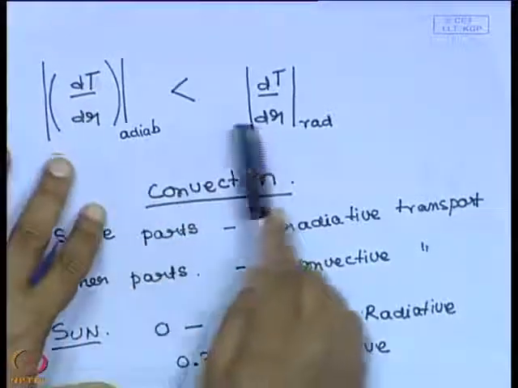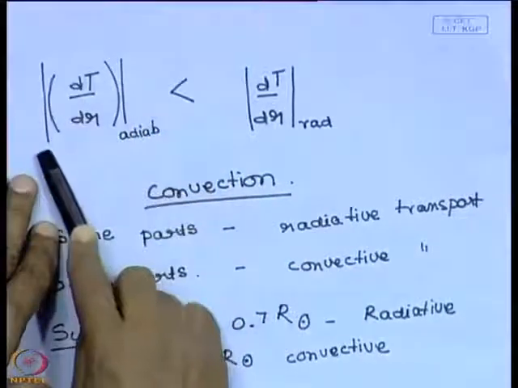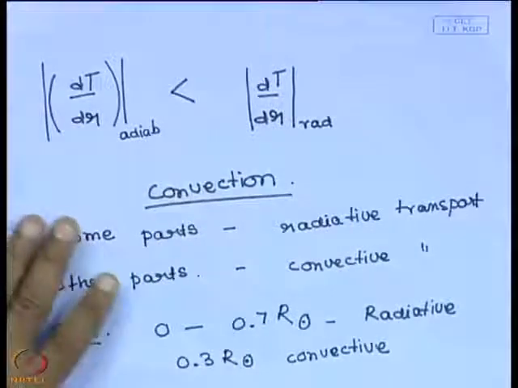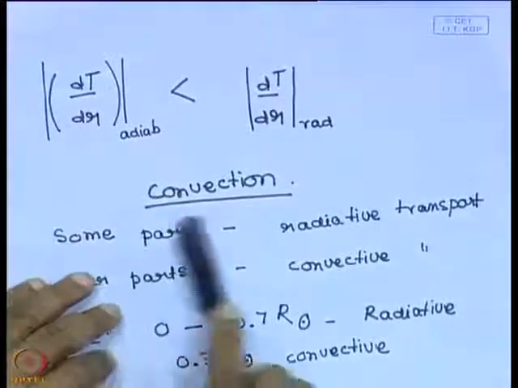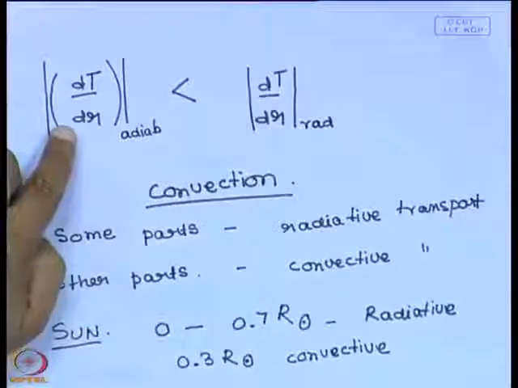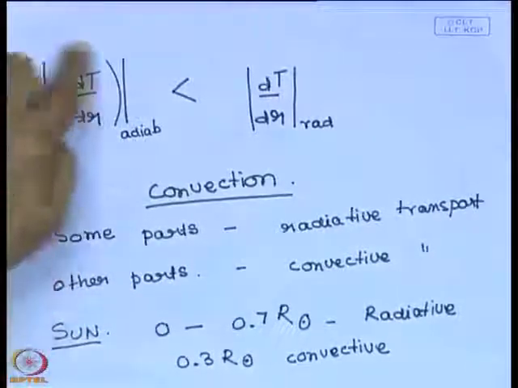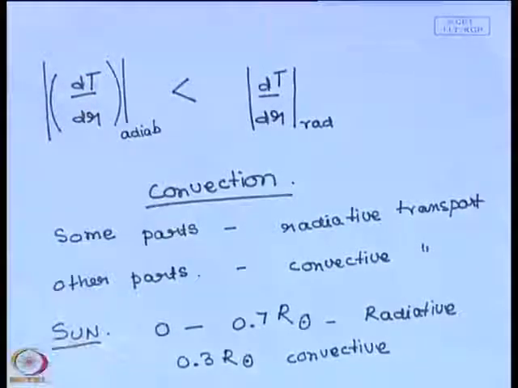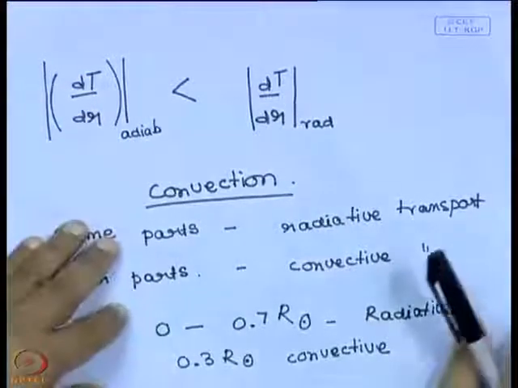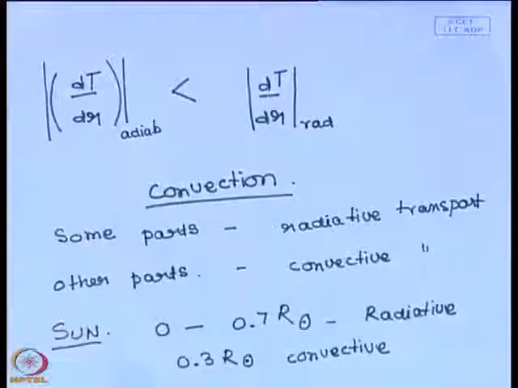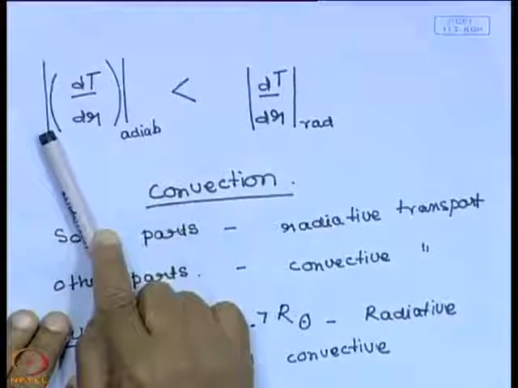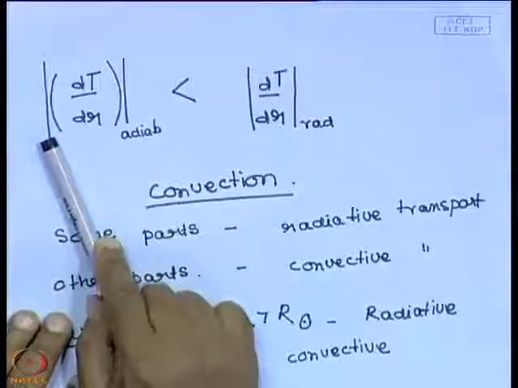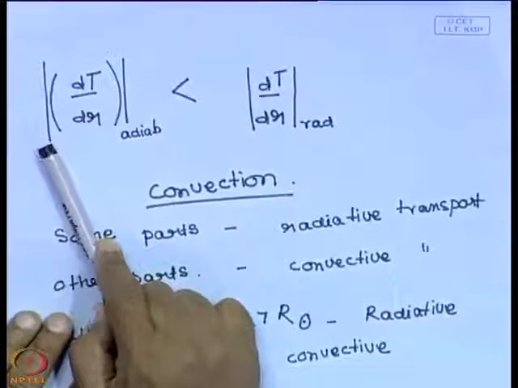So, you have this value in most of the region where convective energy transport is occurring. Energy gets transported at a rate which maintains the adiabatic temperature gradient. Though in the outer parts of the sun you do have regions where the temperature gradient is higher than this, and those are the regions where you have super adiabatic temperature gradients.